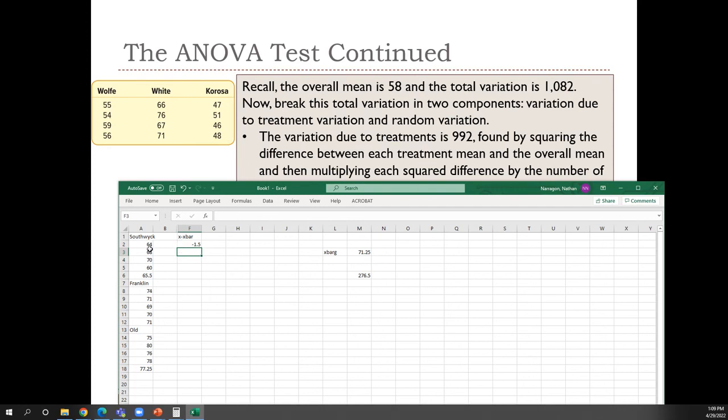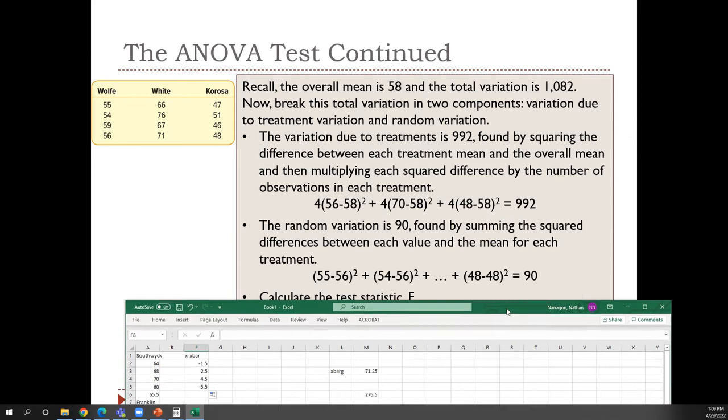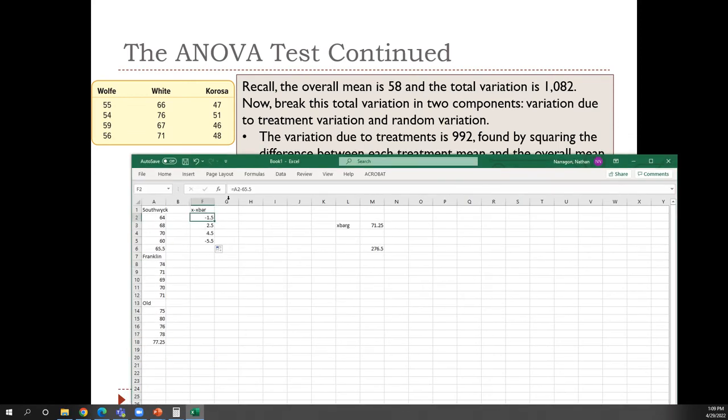And yes, should have known that was going to happen. So 65.5. There we go. There's those. And again, we're going to have to square them. So we can do it even better. We can go ahead and put the formula in. Or, no, actually, we're going to do it separate.